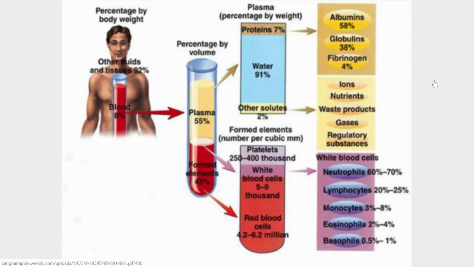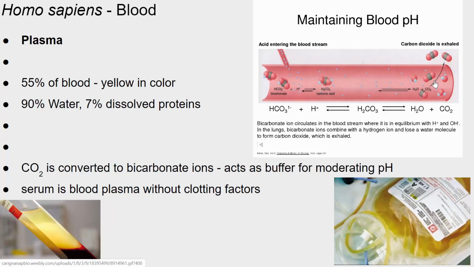The red blood cells form the other majority of the rest of the blood, about 45%. But then there's a small section of white blood cells and platelets as well. So our blood is made of the plasma. This is actual blood that's been centrifuged. The plasma is on top. See it here.